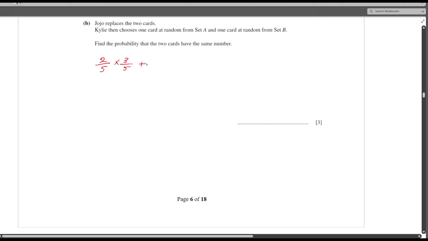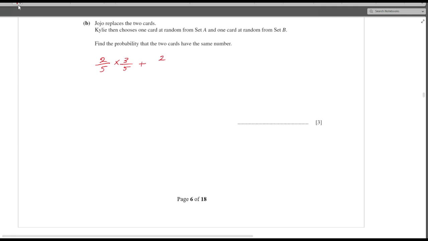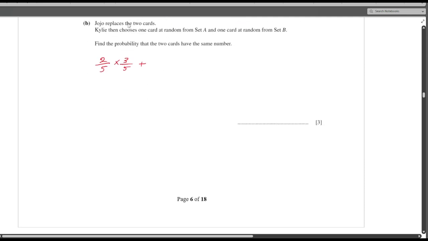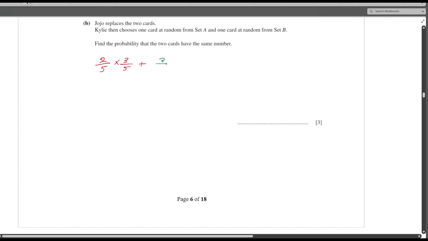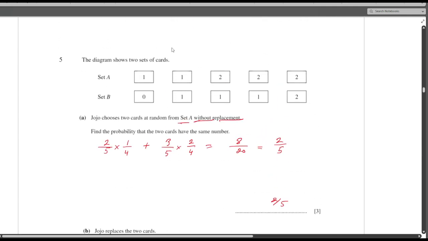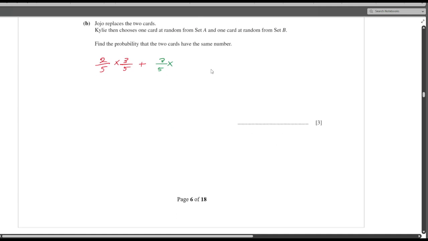Or from set A, if Kelly is choosing number 2, which are 3 numbers, so it is 3 divided by 5 times, now from set B, if she is choosing 2, so it is 1 only, so it is 1 divided by 5. So the result is 3 times 2 is 6, 6 plus 3 divided by 5 times 5 is 25. So 6 plus 3 is 9, 9 divided by 25 is your result.